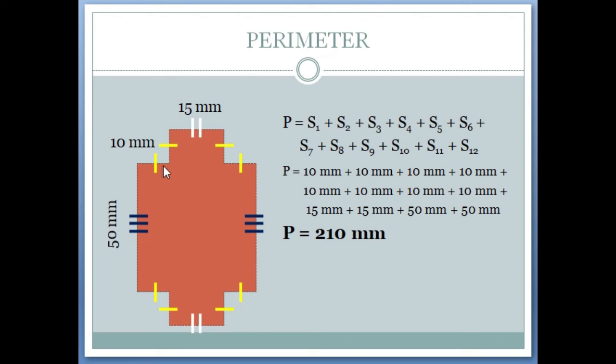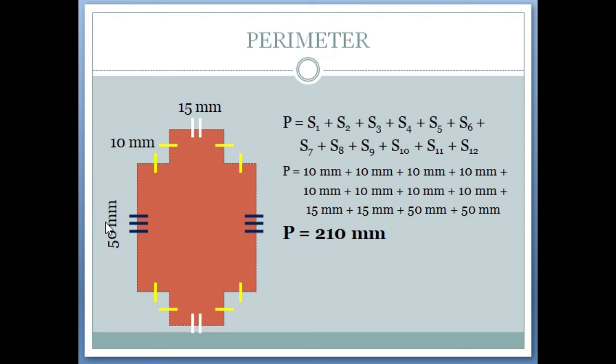So for this yellow line muna, itong mga side na to ay merong measurement na 10 millimeters. Now, for these two white lines, meron silang measurement na 15 millimeters. And for these three blue lines, meron silang measurement na 50 millimeters.